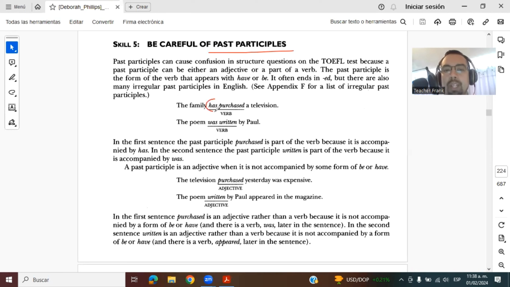For example, here we can also have a variation of have, has, or again, verb be, and those are verbs, but many times we just have them as solitary, right? Like in this case, purchased or written with no have, has, with no be, and we have to look for, again, the verb elsewhere in the sentence, right? So these are the ways that TOEFL will trick you with subjects and with verbs, all right?